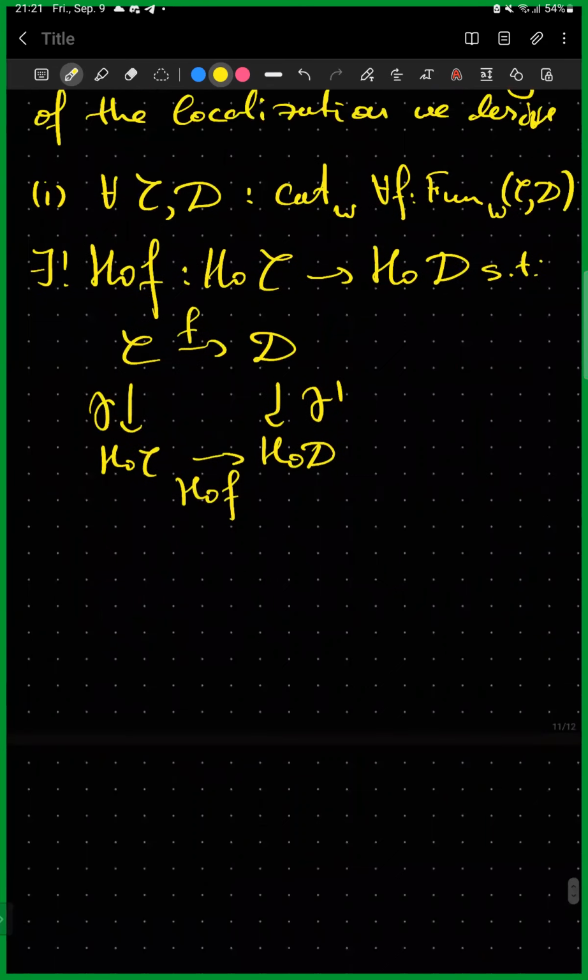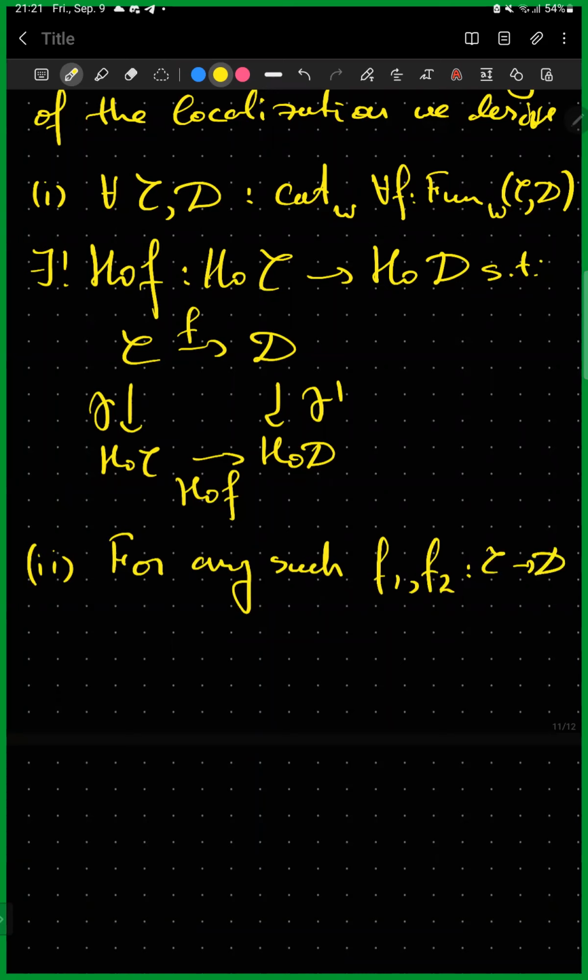So the same holds for natural transformations between two homotopical functors. So if we have two homotopical functors which go from C to D, and we have a natural transformation H between them, then there exists a unique natural transformation of functors between homotopy categories.